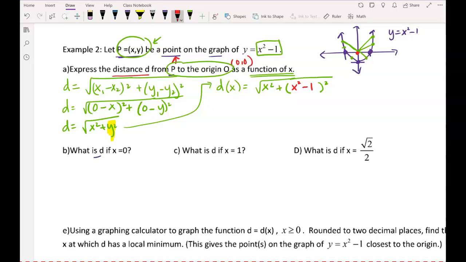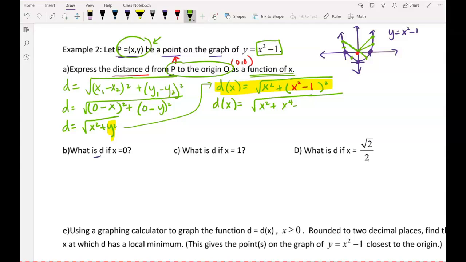So we can leave it like that, students, or you can simplify. On the test, I'll be fine having this as an equation. And if you want to sit here and distribute out the x squared minus 1 and combine like terms, that's also okay. I'll do that for you as well. So here we go. We will have x squared. We are going to FOIL out the middle. (x squared minus 1) squared, so that would be x to the 4th.